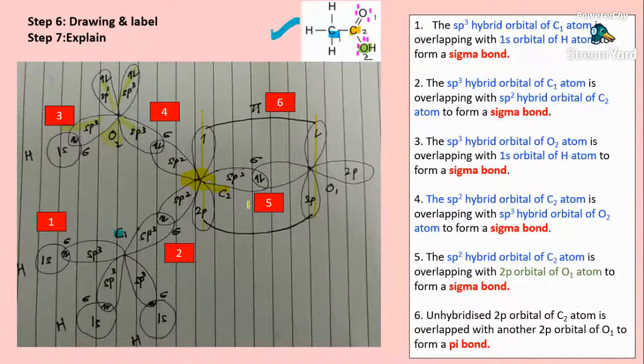And then the fifth one: the sp2 hybrid orbital of C2 atom is overlapped with the 2p pure orbital, because this is the terminal atom, to form the sigma bond. The last one is pi bond. Always remember for the pi bond you must label the unpaired electron up, down, overlap, and then form one pi bond.